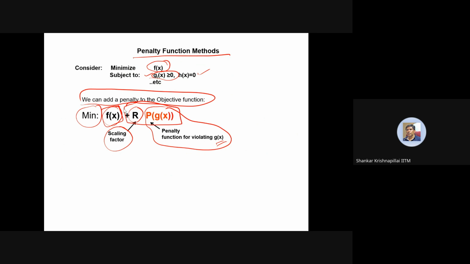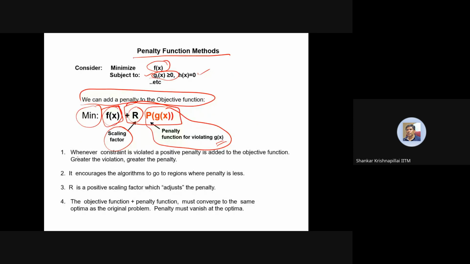So what is the logic of this penalty function method? Whenever a constraint is violated, or whenever the optima value is trying to go into the infeasible region, a positive penalty is added to the objective function.